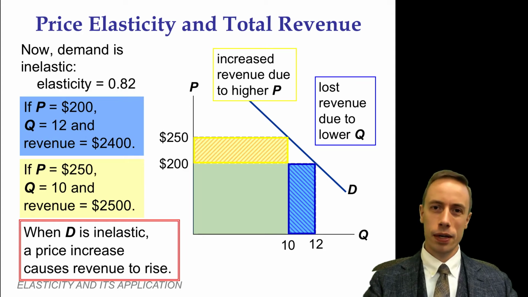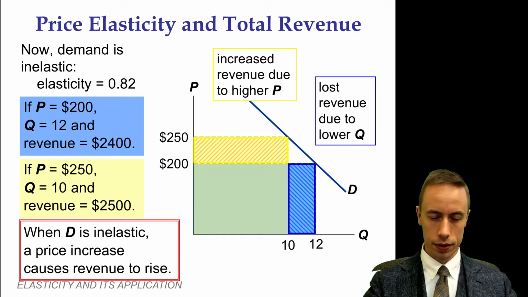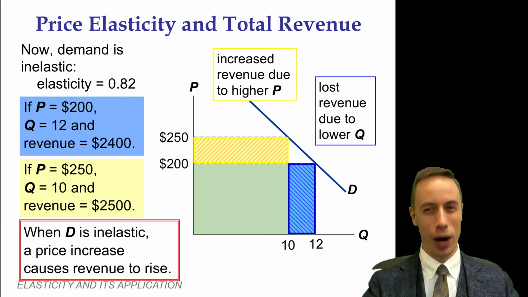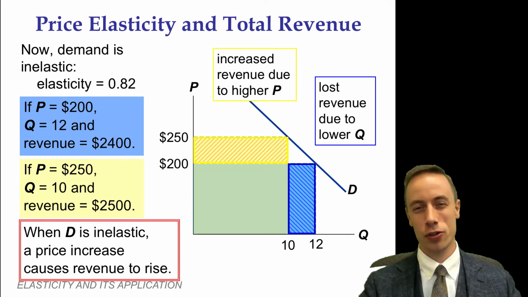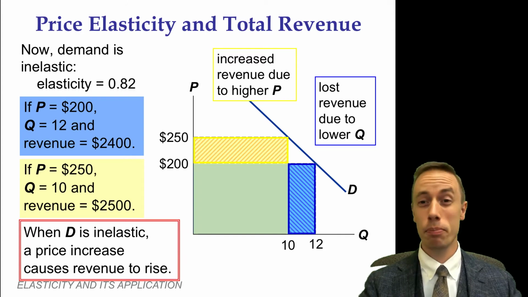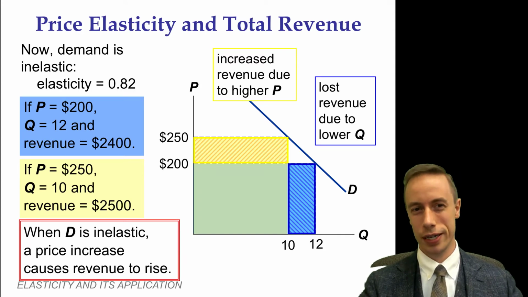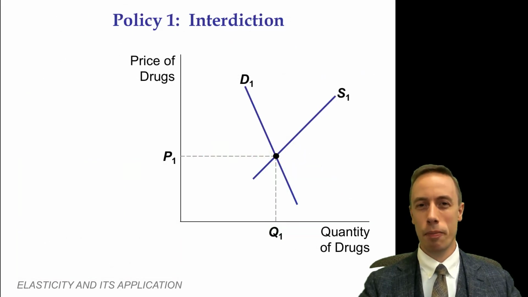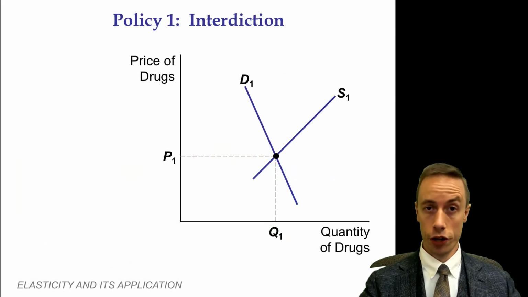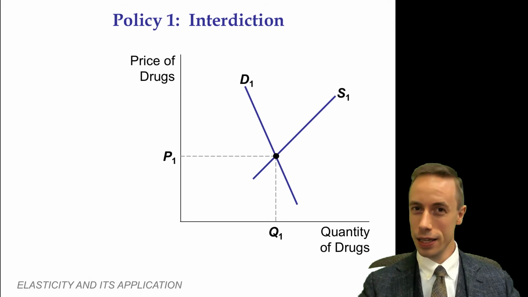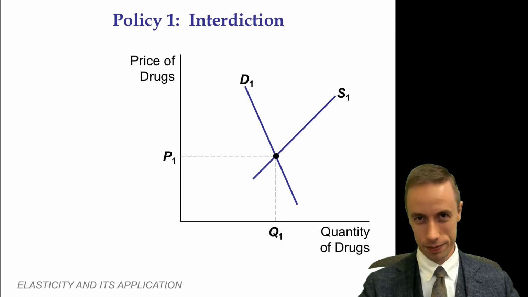There's another one that's less business-oriented and more social policy oriented. And it's an example that as an economist, you are more or less required to talk about when first introducing elasticity, because it's such a good example. Let's go ahead and talk about the market for drugs, not pharmaceuticals, illegal addictive drugs.